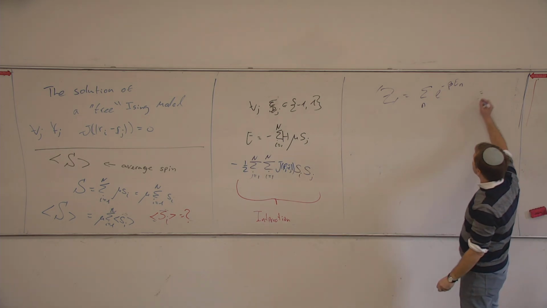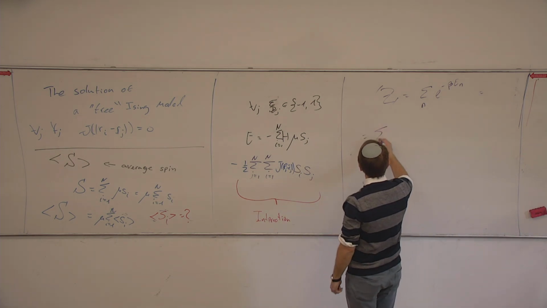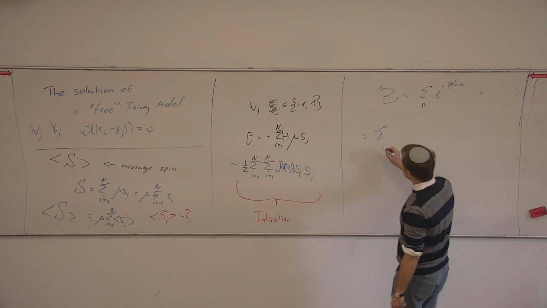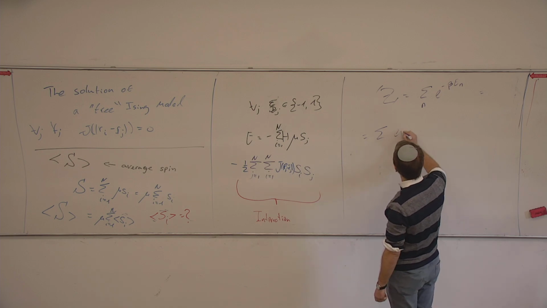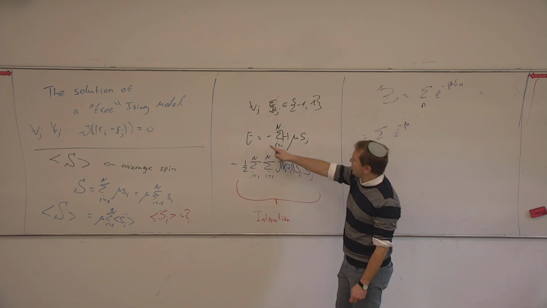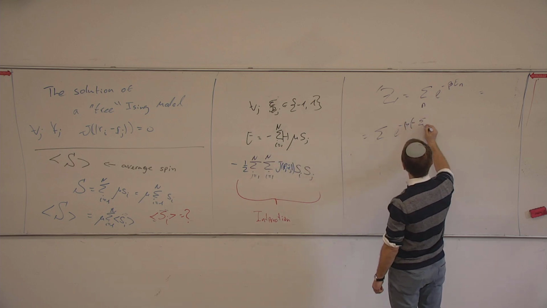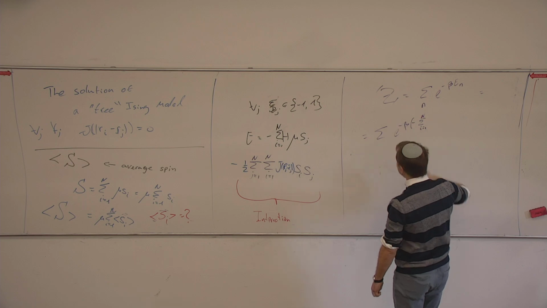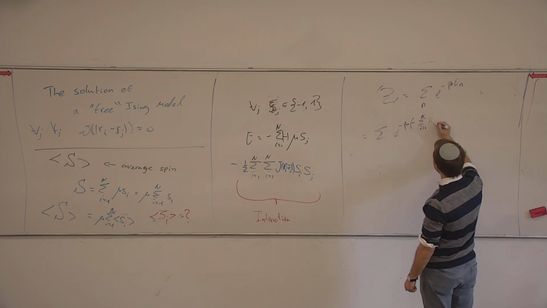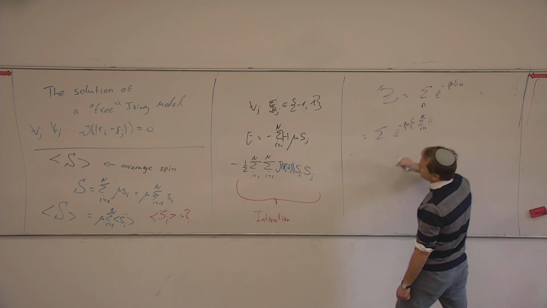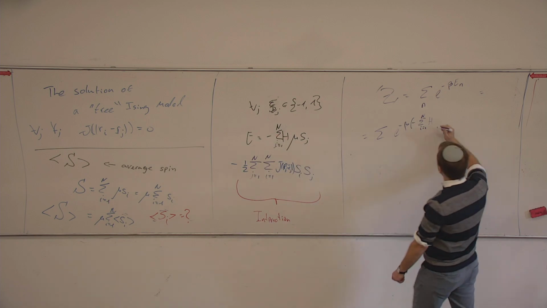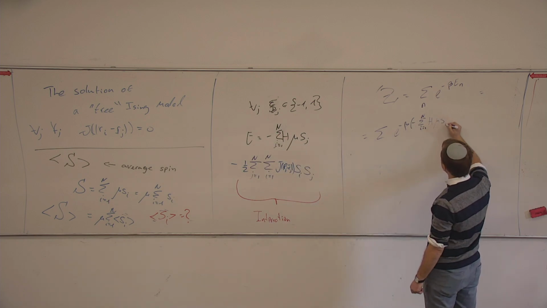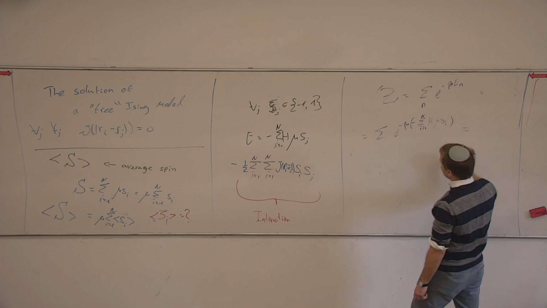So it is just a sum over all realizations of e to the power minus beta multiplied by minus a sum i goes from 1 to n of h mu s_i.